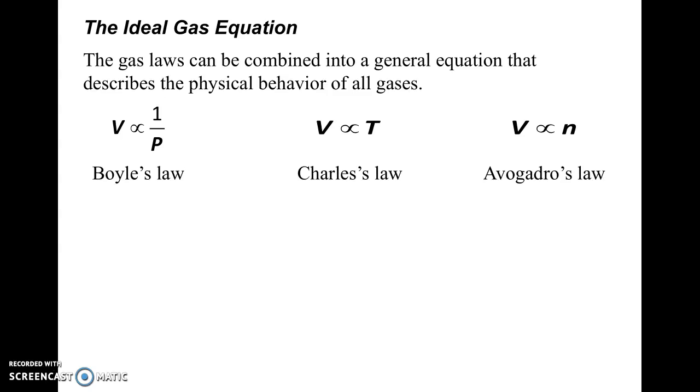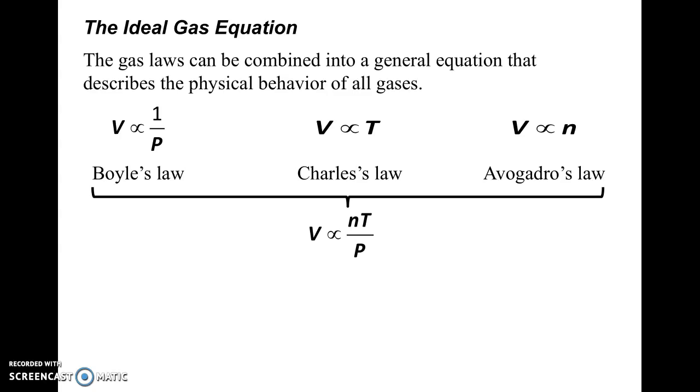And Avogadro's law said the volume was proportional to the number of components or molecules that were in a sample. And when you put those all together, you see that the volume is proportional to the number of moles times the temperature divided by the pressure.